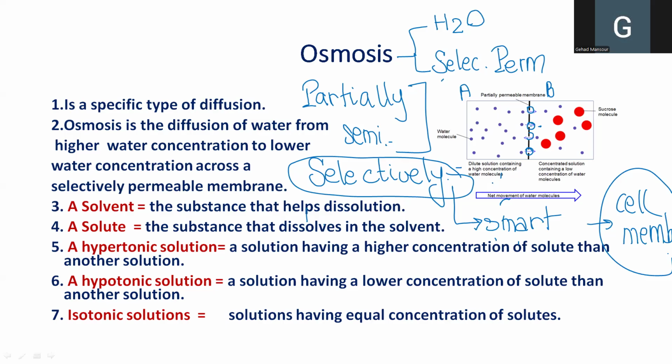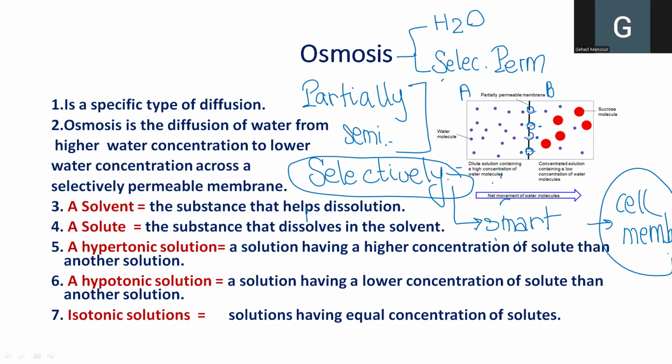So the membrane will select what types of ions will pass and what types of ions will not pass according to the presence of channels. So when it comes to water and osmosis, you can use partially permeable or semi-permeable. But when you use selectively permeable, this is more when you talk about particles that are carried by carriers and channels, where the decision is a smart decision.